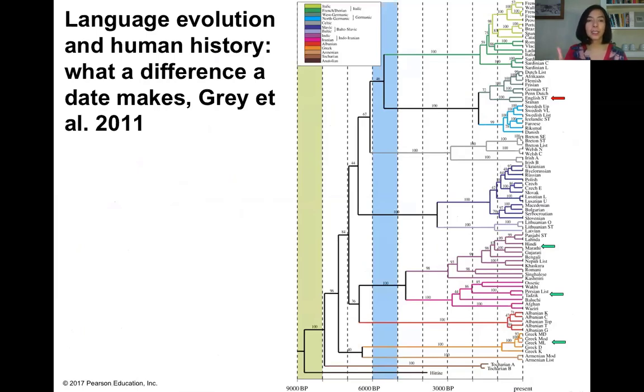And I like this because many of you are bilinguals, or some of you are trilinguals, or maybe you're just starting a new language. So in here, we have a phylogeny that was built in 2011 to look at language evolution. In my case, I speak Spanish. I'm from Mexico.